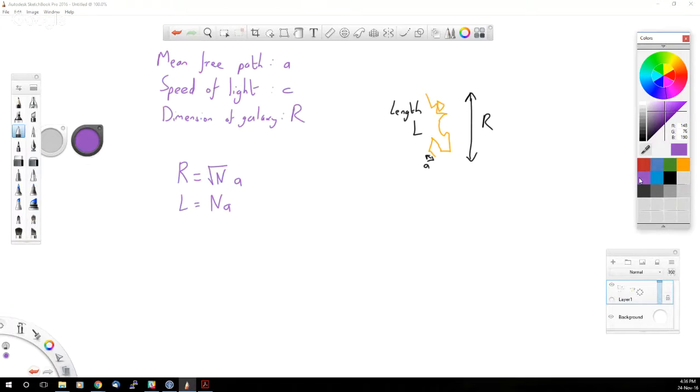And what we actually want is the time taken. So the time taken, T, is simply the distance over the speed.